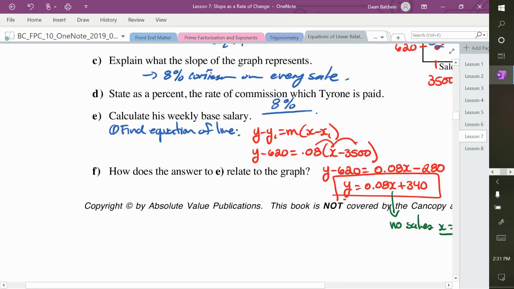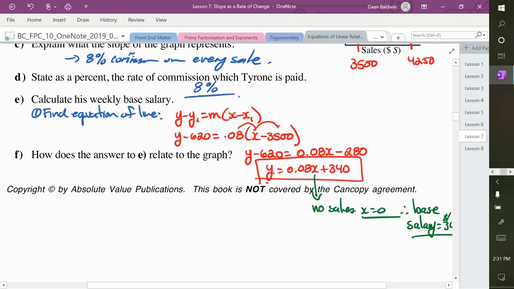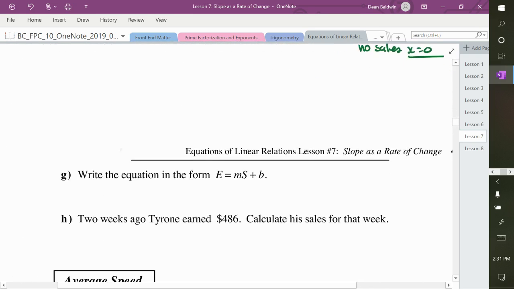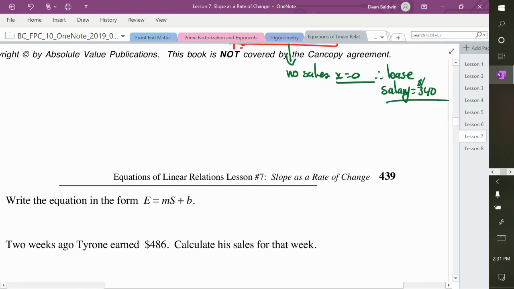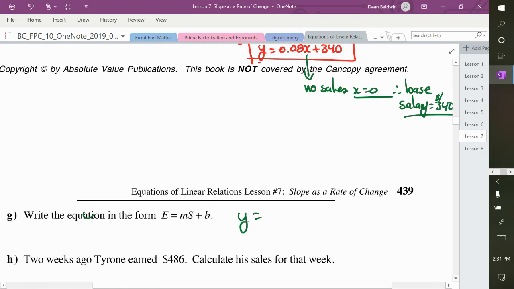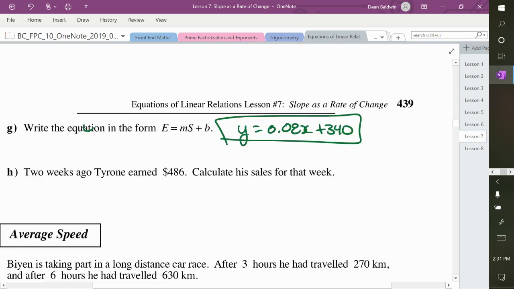Is that okay so far? It's the same stuff we've been doing. Now we're just applying it to a word problem, really. If you look over at the next page, here's our equation. All right.